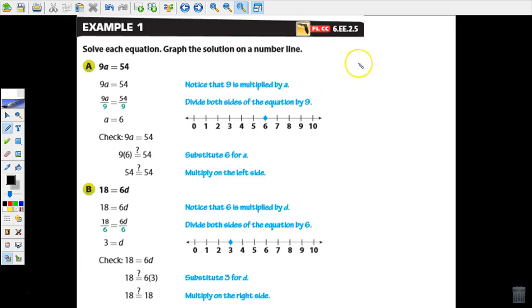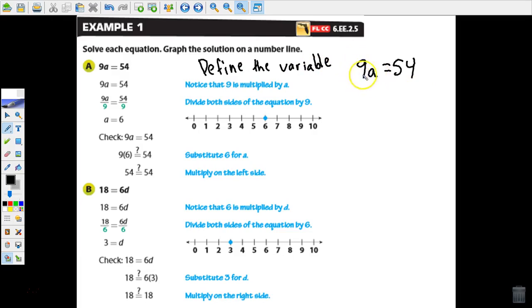So we've got 9a equals 54. So if we're looking at this, we have multiplication in the problem. We have to define the variable. Look at that amazing handwriting. Woo! So we've got 9a equals 54. We have to define the variable, which means we have to get a all alone.